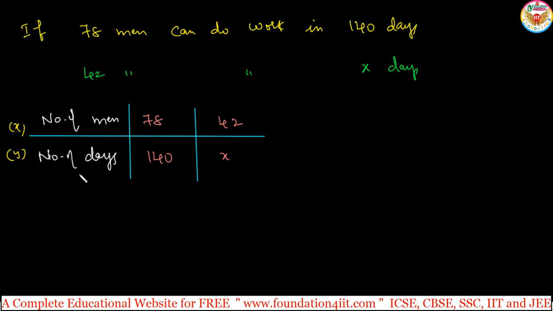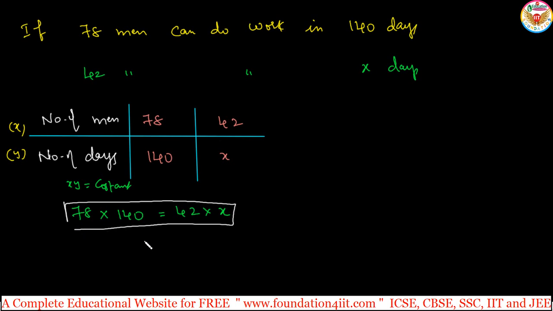Since it's an inverse variation, xy equals a constant. First into second quantity if you multiply should be equal. Therefore 78 into 140 is exactly equal to 42 into x. From this statement you can find the x value.